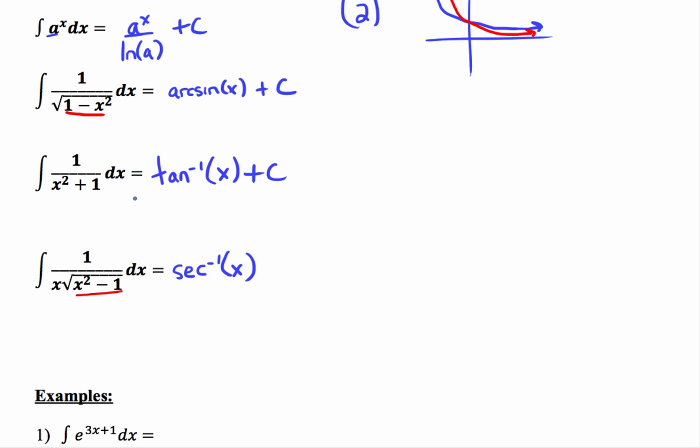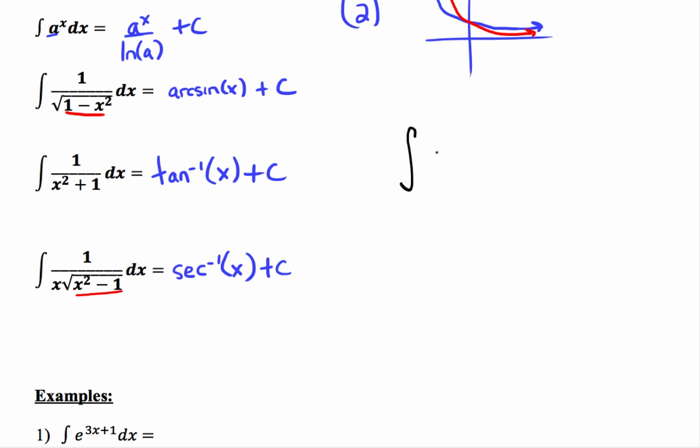So you might be wondering right now why I didn't do arccosine, arccosecant and stuff like that. Well, it's because, oh, I forgot my plus c here, better put that in. It's because those are not very common. You can pretty much always just turn those into one of these.